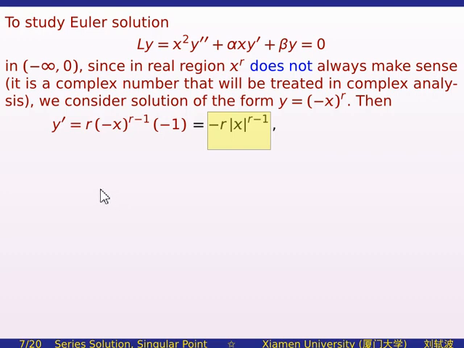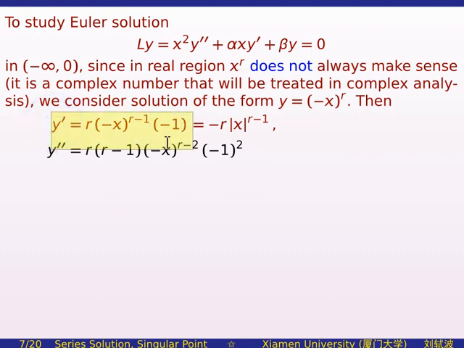Now the second order derivative. We differentiate y prime again and we obtain y double prime. So the derivative of the right hand side of y prime is r minus 1, then (minus x)^(r minus 2). But this minus x still needs its derivative, which will give us another minus 1.